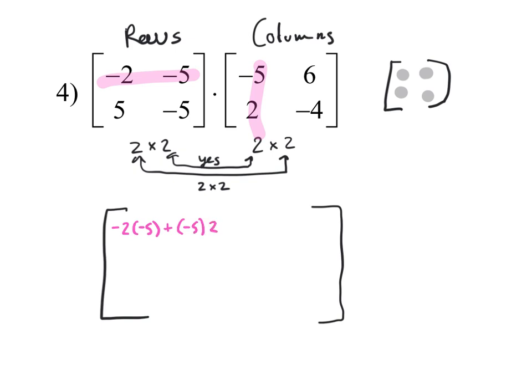Alright, now our first row, second column. Negative 2 times 6 plus negative 5 times negative 4. What's next?